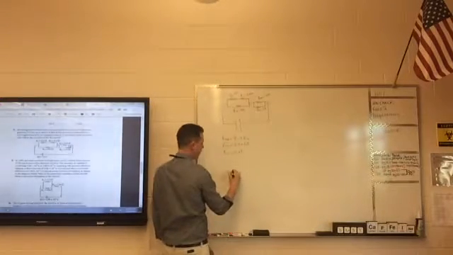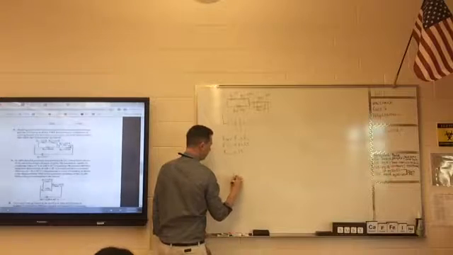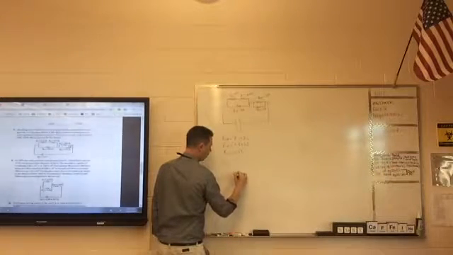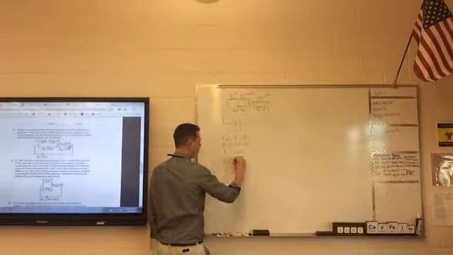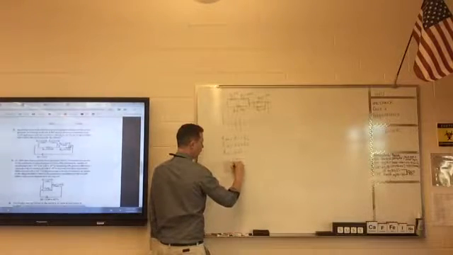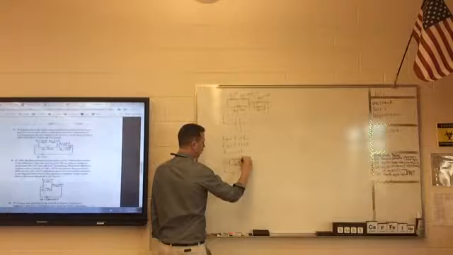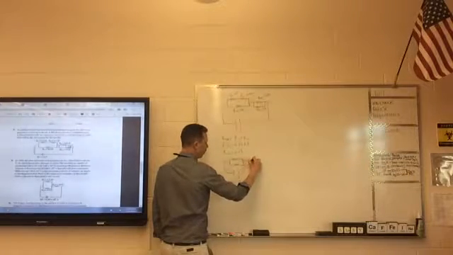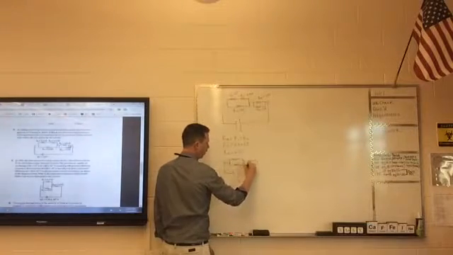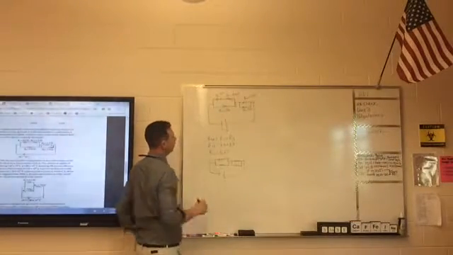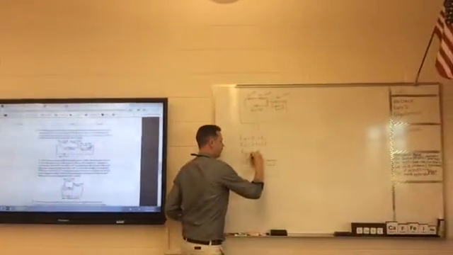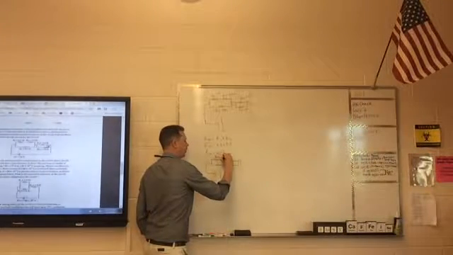Now we're going to pretend the circuit looks like this, okay? It's going to have R12 here and R3 here. We've also got R4 still, and R5 down here still. So we've taken those two, combined them as if they were one, and that is 6 ohms.